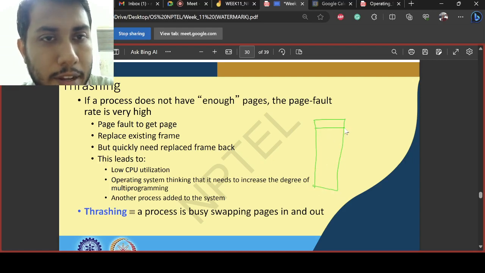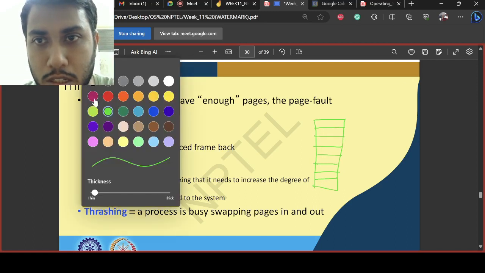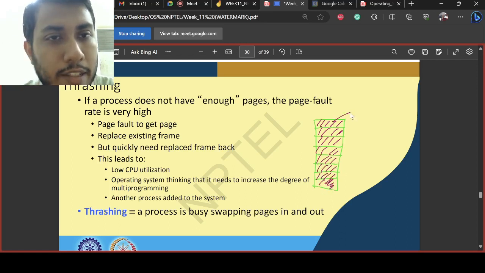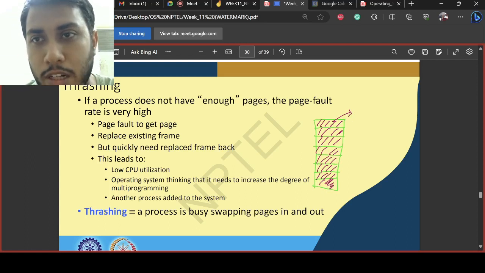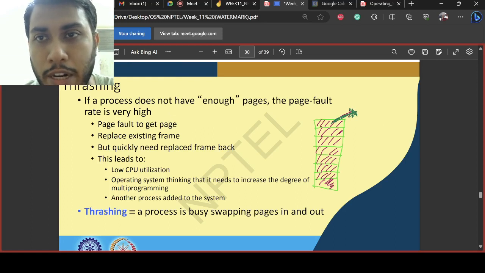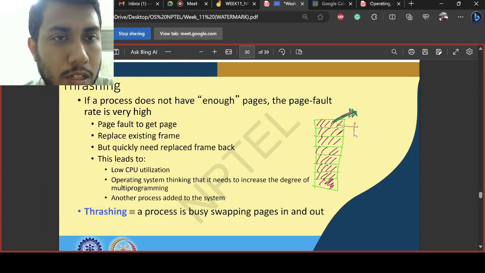Suppose you have pages like this which are all currently occupied, and let's say you evict this one out, and you bring a new page in.